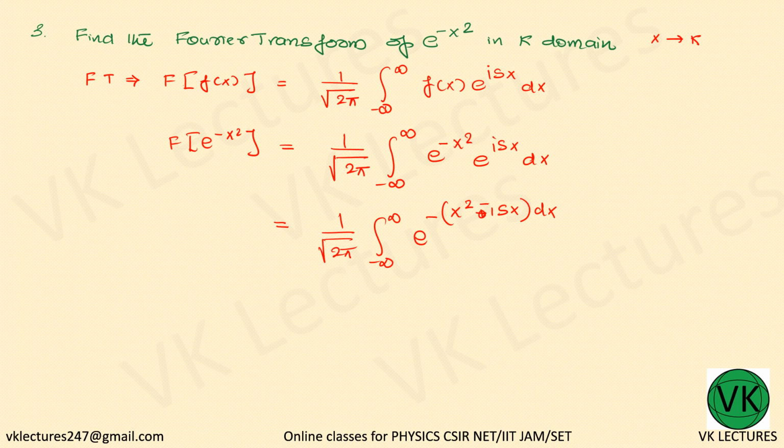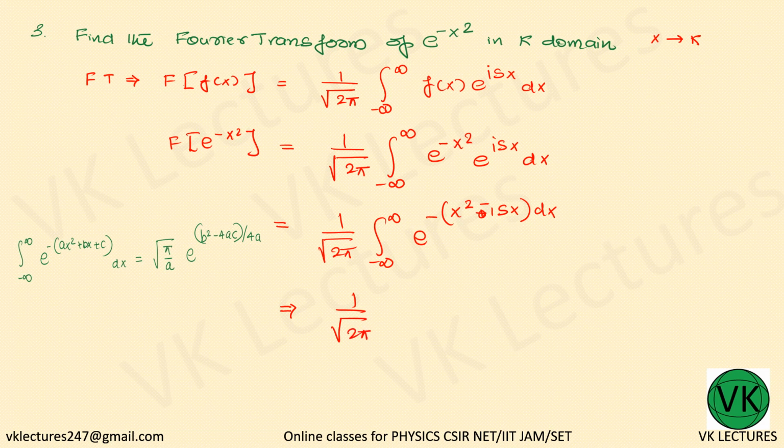For this we need the formula: the integral from minus infinity to plus infinity of e to the power minus ax square plus bx plus c dx equals root of pi by a, e to the power b square minus 4ac by 4a. Here there is no constant c, so that is equal to 1 divided by root of 2 pi.